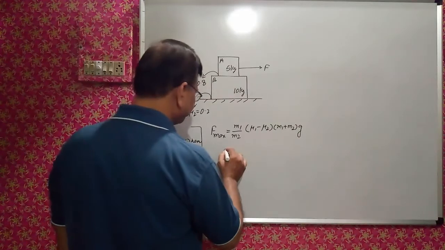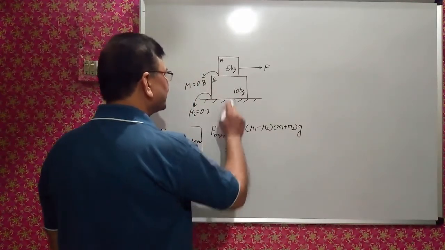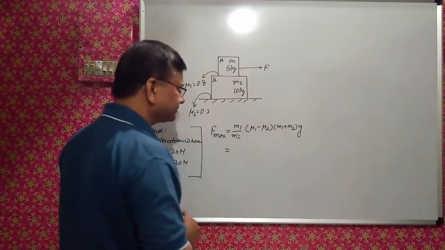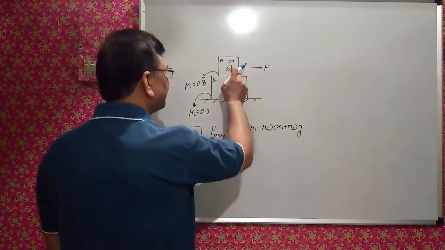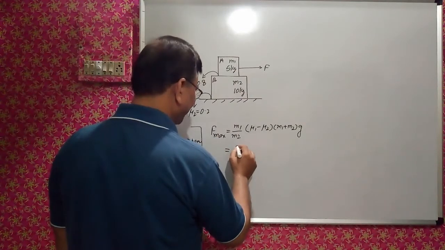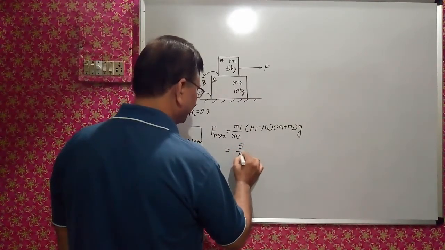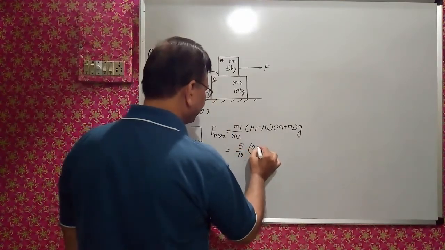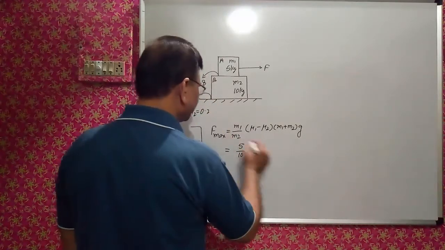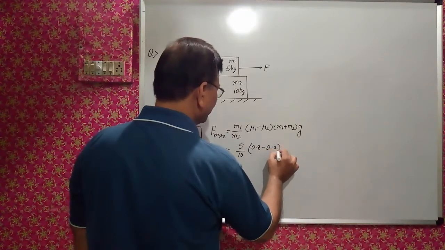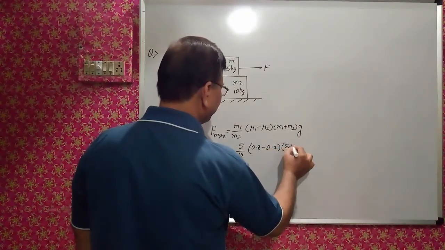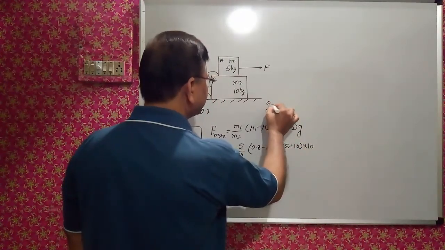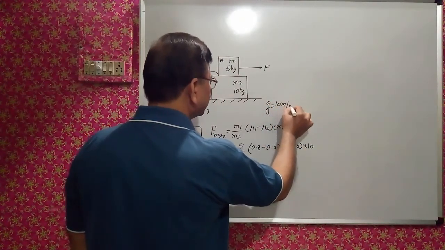Let's find out mass of upper block. This is M1, this is M2, right? So upper block is of 5 kg, so 5 by 10, mu1 that is 0.8 minus mu2 is 0.2, M1 is 5, M2 is 10, into 10. I have taken G is equal to 10 meters per second square.